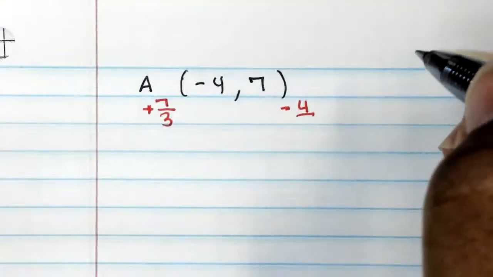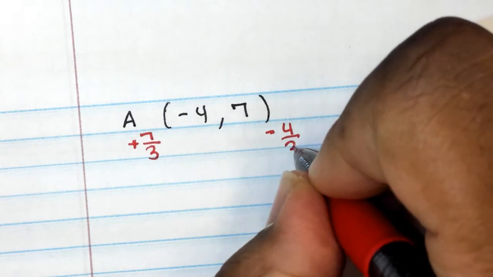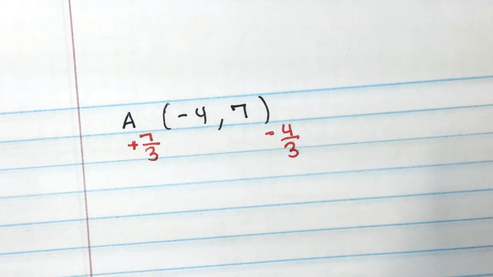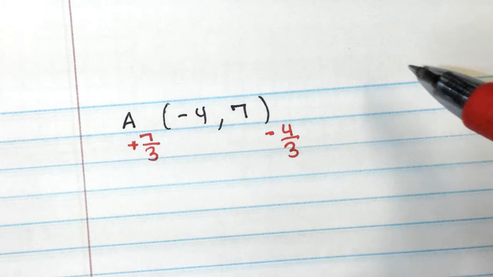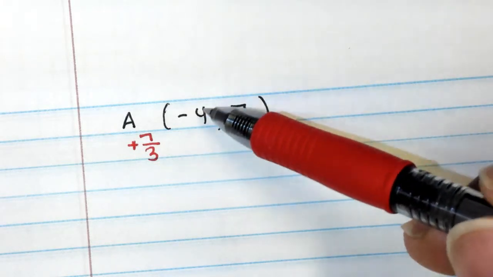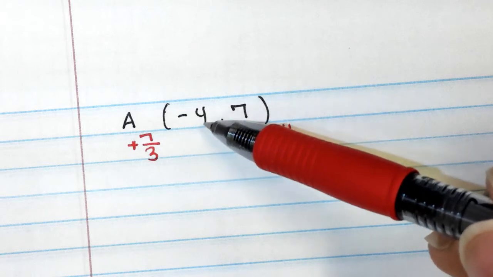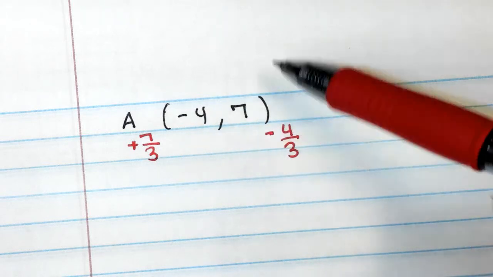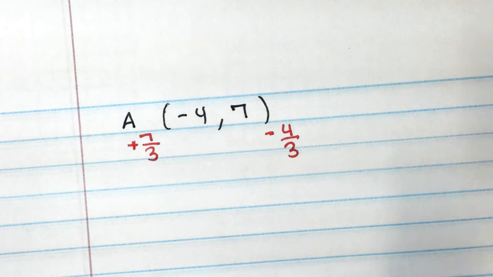I'm just putting the fractions out here. And I'm putting them down here for a reason. To be able to add these fractions to these whole numbers, we need to turn these whole numbers into fractions. That's why I said some of y'all not going to like fractions, but it is what it is.